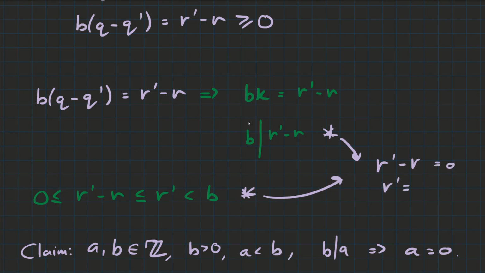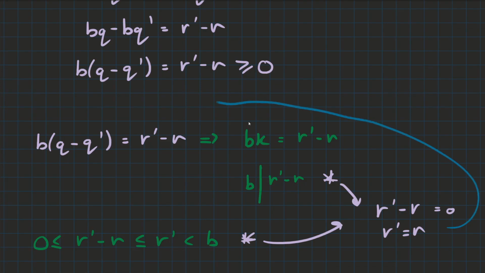In other words, R prime equals R. Kind of working back up here, if I say now that B times Q minus Q prime equals 0, because R prime minus R is 0, well, B's not 0, so Q minus Q prime must be 0. In other words, Q must be Q prime, and we're done.